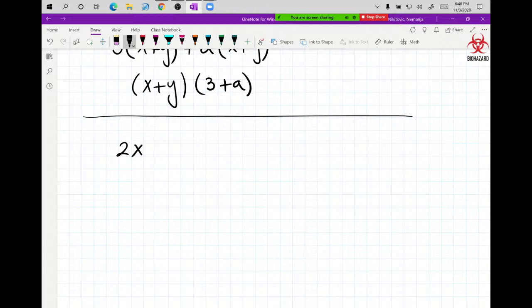2x to the 5 minus 8x to the 4 plus 6x to the 3 minus 24x squared.